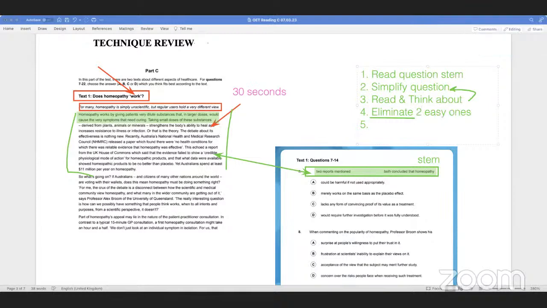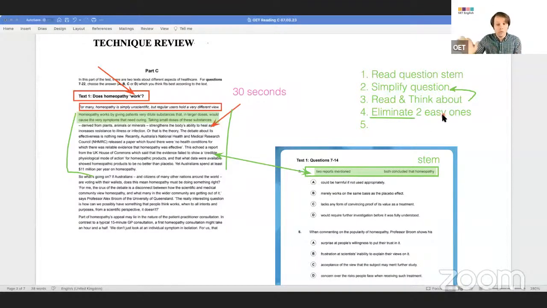Well, usually what happens is you can eliminate usually 2, but then you get 2 which are very difficult to decide upon. Does that make sense? So usually if you think carefully, you can take away 2 easy ones, but then you're going to have to think much more deeply and carefully for the last 2.